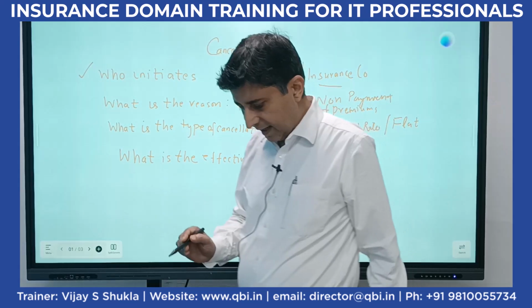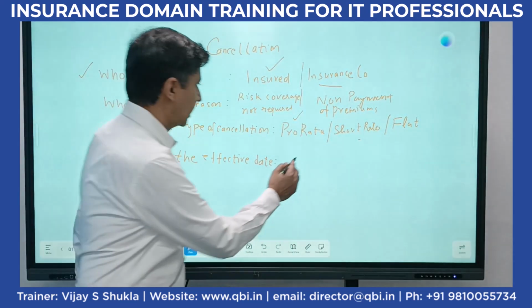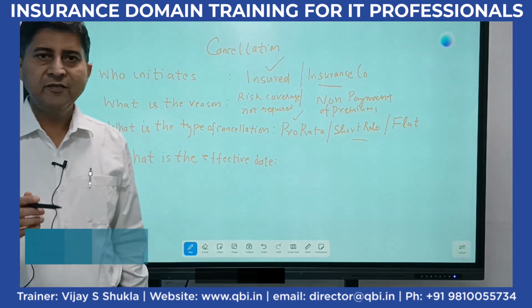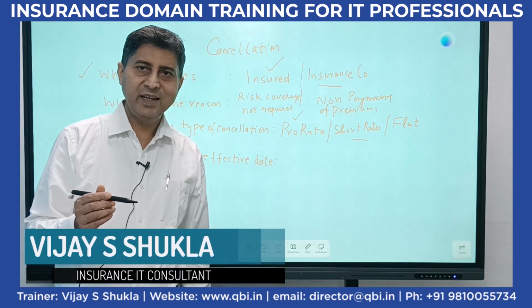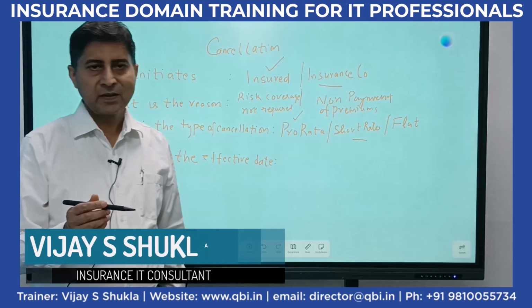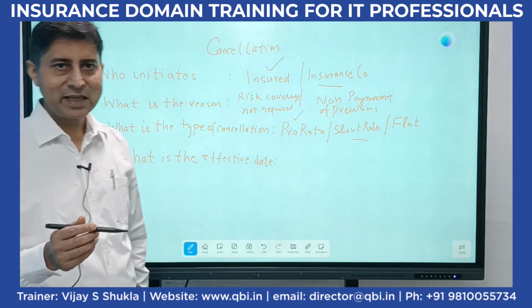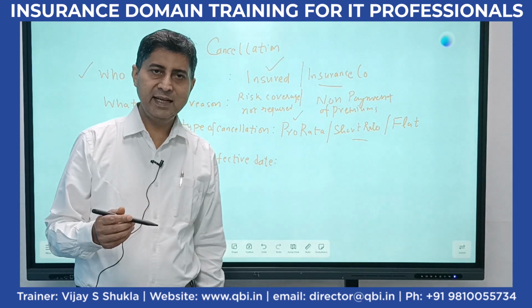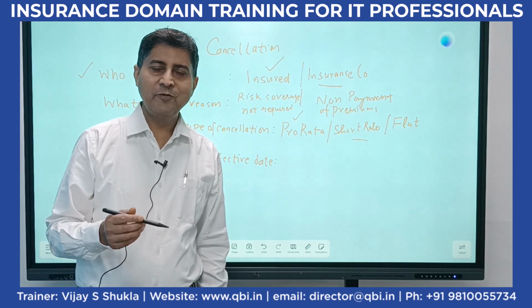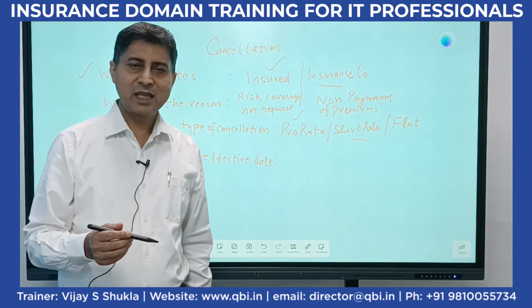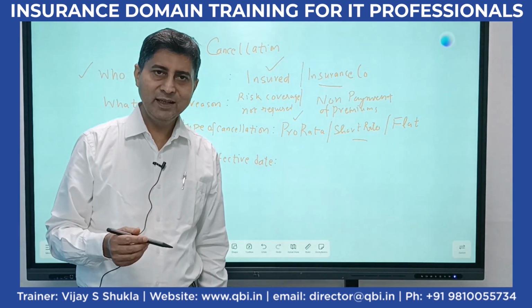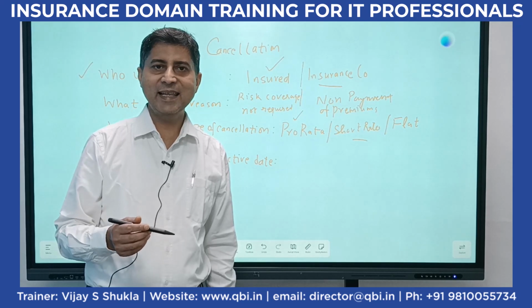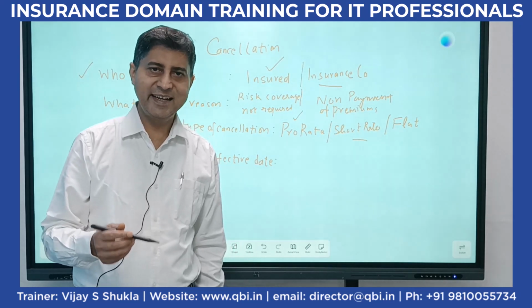Short rate cancellation. In a short rate cancellation, the insurer will levy some penalty on the insured. Let us say for a 1-year policy, if only 3 months have elapsed after the policy is cancelled, it is not that 3/4 of the premium will be returned. Based on some calculation, there will be a lesser amount because the insurance company has levied a short rate or a higher rate for this.